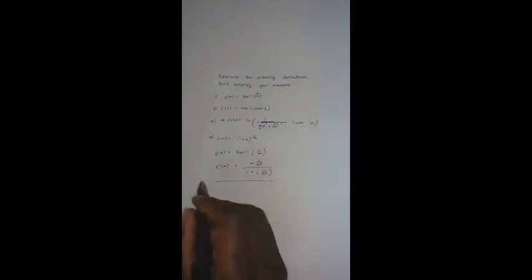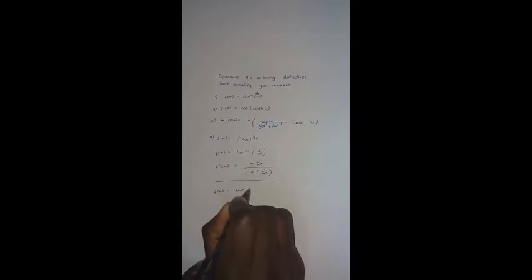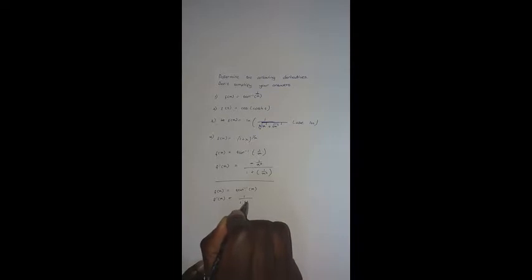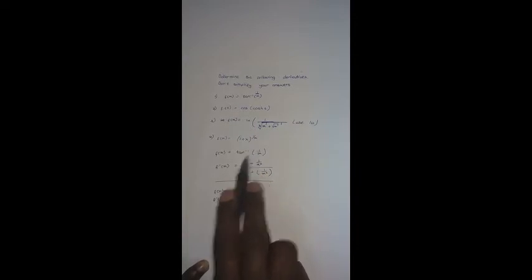This is based on the fact that if f of x is equal to arctan of x, then the derivative of f of x is equal to 1 over 1 plus x squared. Here you have to put the derivative of your function inside the bracket.